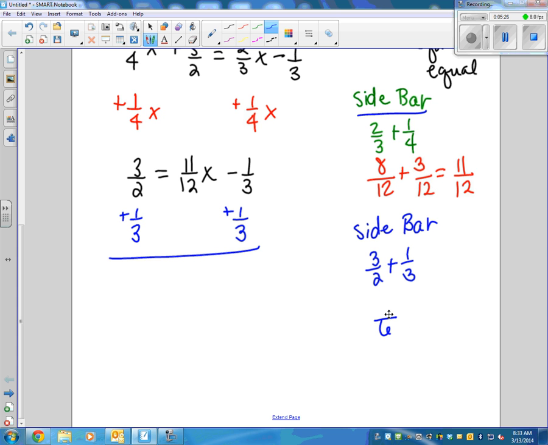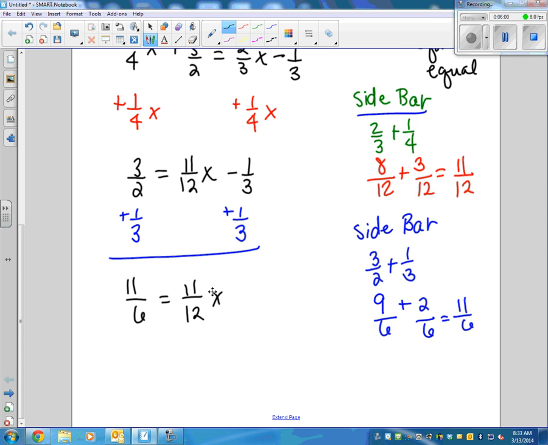So 3/2 is how many 6ths? What times 2 gave you 6? 3. So 3 times 3 is 9. And then 3 times 2 gives me 6, so 1 times 2 gives me 2. So what does that give me? 11 over 6.